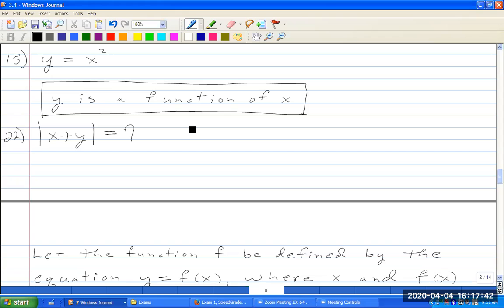And let's put, again, the same 0 for x, but let's do minus 7 for y. 0 minus 7 is negative 7. Absolute value of negative 7 is positive 7. And so both input of 0, output of 7, and input of 0, output of negative 7, they both satisfy this equation.